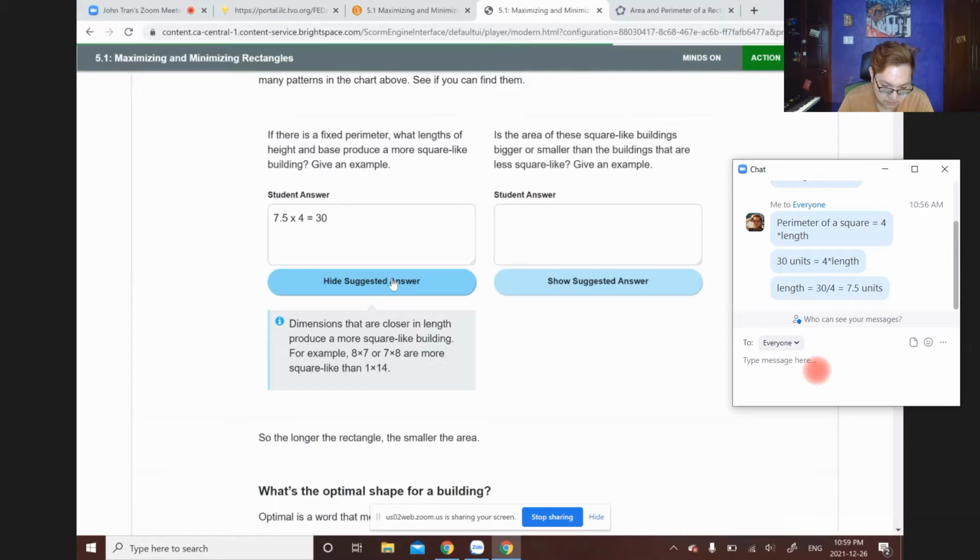Is the area of the square-like building bigger or smaller than the buildings that are less square-like? Give an example.